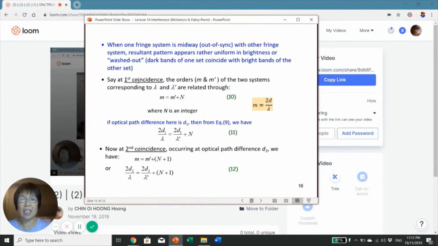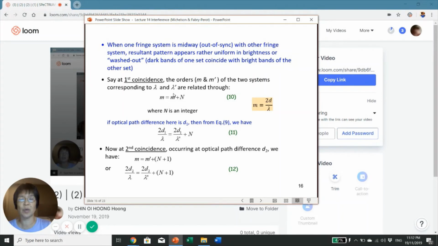Okay, let's consider the first coincidence of these two sets of fringes. The path difference is the same for the two sets, which we shall give the distance value of d1. This set for d1 has an order of m. This set for d2 will have m prime plus 1.